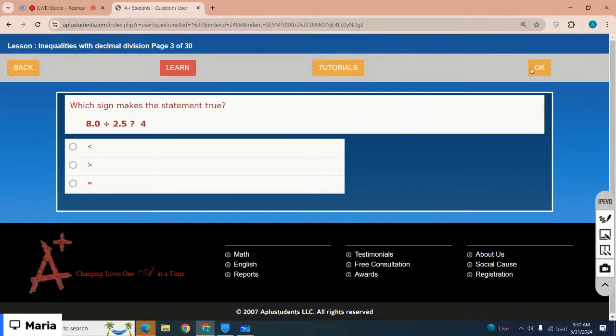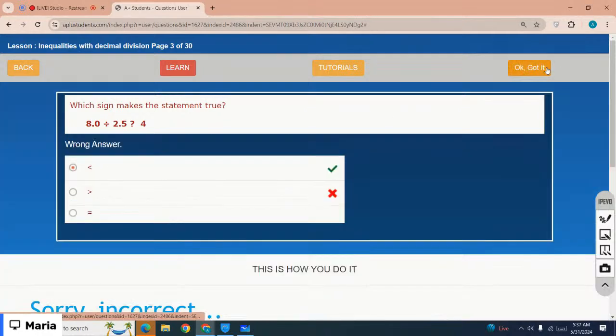8.0 divided by 2.5, and you have to compare it to 4. Greater it is. 8 divided by 2.5 is greater than 4.